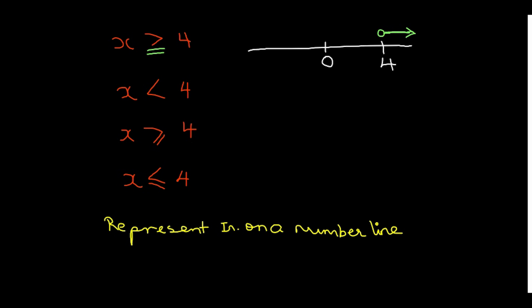So anytime you're dealing with the strict inequalities, let's talk about representing x less than 4 now. If you have to represent x less than 4 on a number line, what will you do? You start off with your number line again. You find this value on your number line, and then what are you going to do to represent x less than 4?